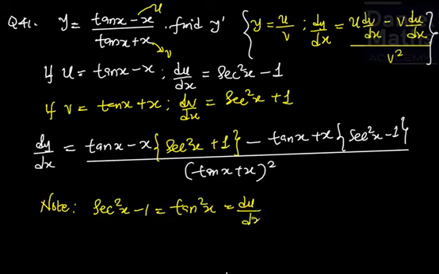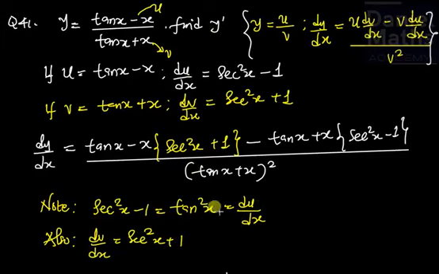All right, so let's take a look at that. And I'm also still going to let us know that dv over dx is equal to sec square x plus 1.